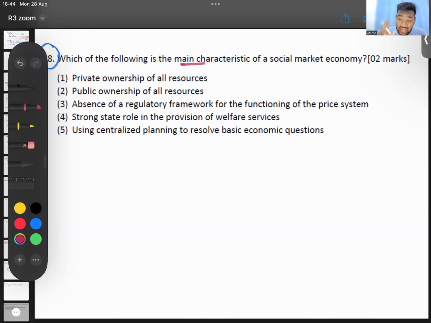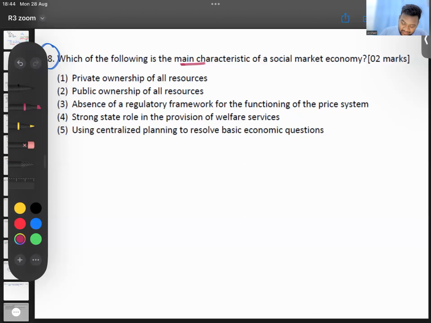Which one is the main characteristic of a social market economy? I told you a social market is very similar to a market economy, but government intervenes. Government intervenes for what?